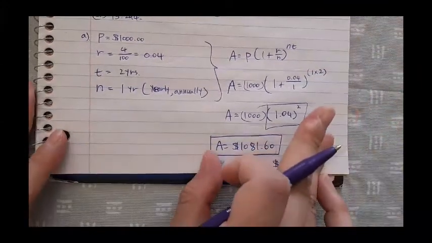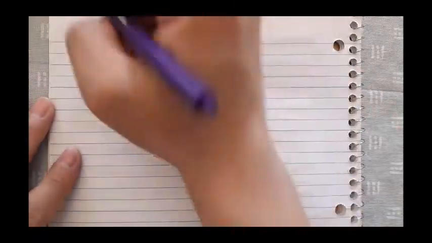Now, B. The B question asks you to compare simple interest and what we did in part A, compound interest.